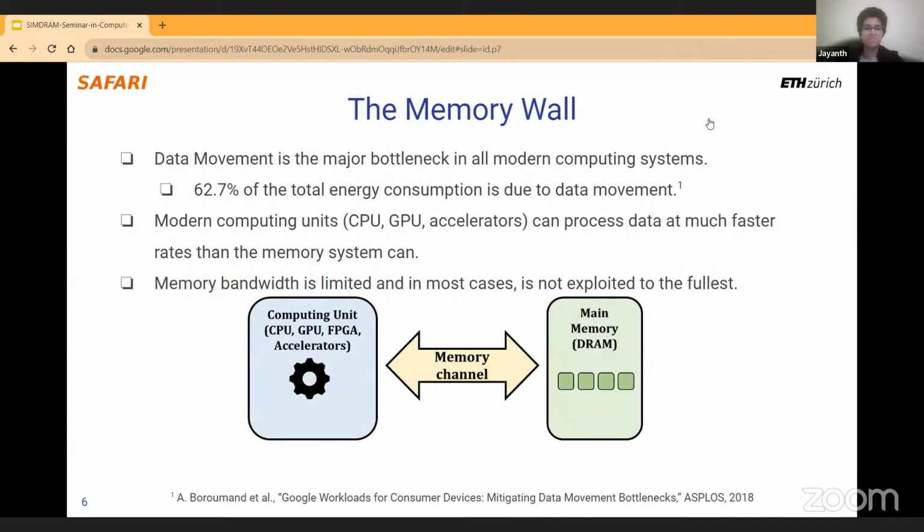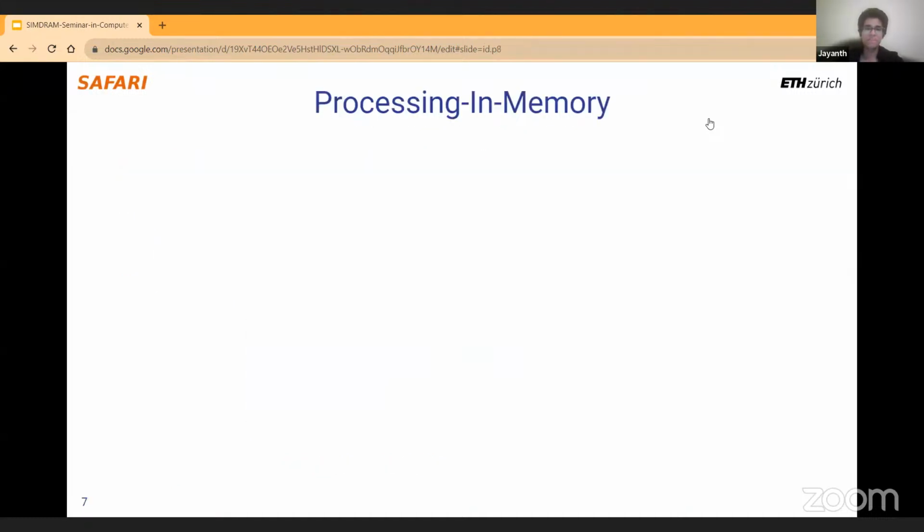So, in brief summary, we have a bandwidth-limited and power-hungry memory channel between where the processing occurs and where the data resides. Traditional approaches in the past to tackle the memory wall problem were all processor-centric or compute-centric, which you're all aware of already, like using cache memories, multi-core processing, multi-threading, or parallel processing.